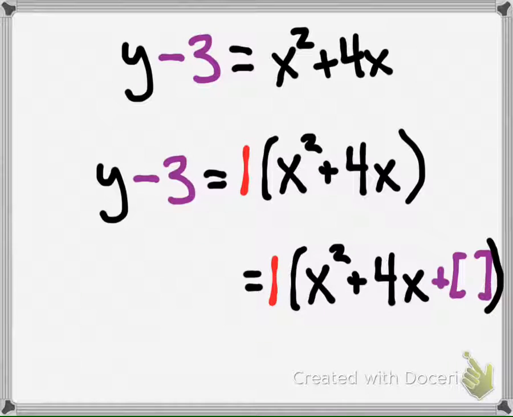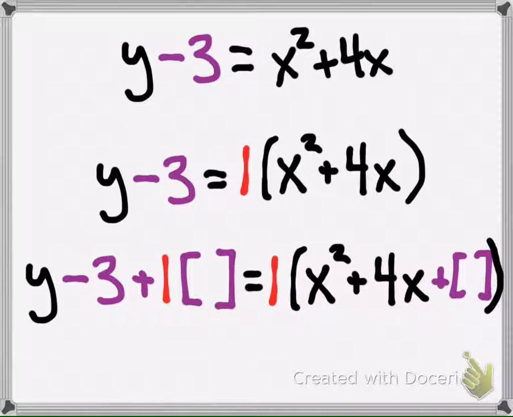So if I do something to one side, I have to do it to the other side as well. I can write the next line as y minus 3 plus 1 times something, in brackets, equals 1 times x squared plus 4x plus that same something.